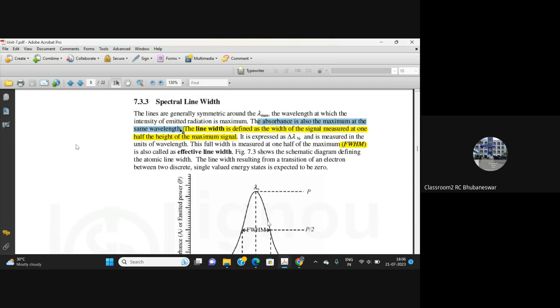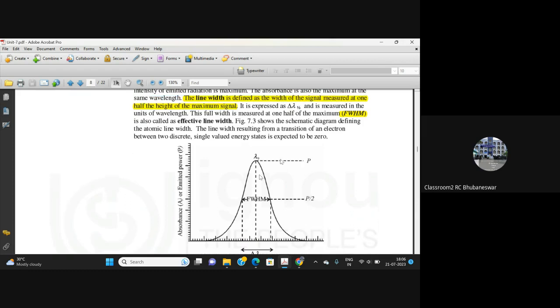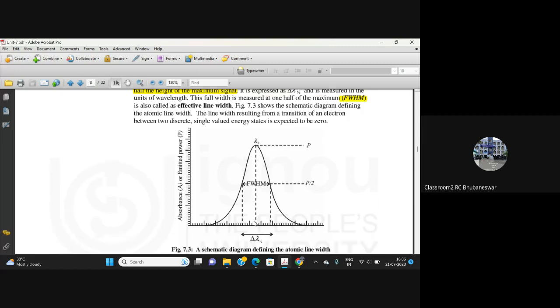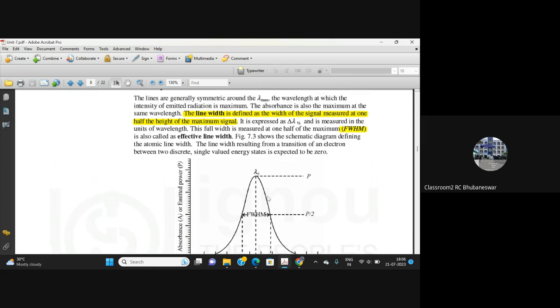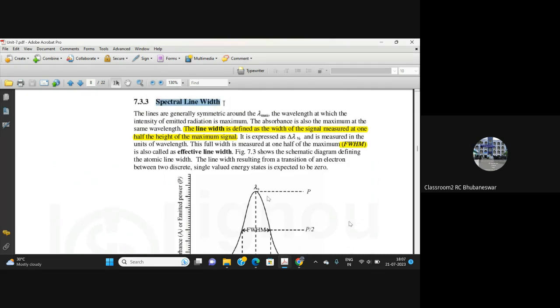The line width is defined as the width of the signal measured at one half of the height of the maximum signal. I am not able to select this figure, but if you can see, the middle dotted line is showing the lambda max region, that's the maximum intensity region. And if you take half of that height, you get the full width half maximum.